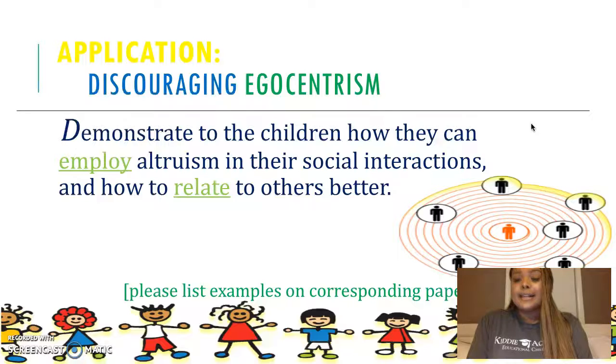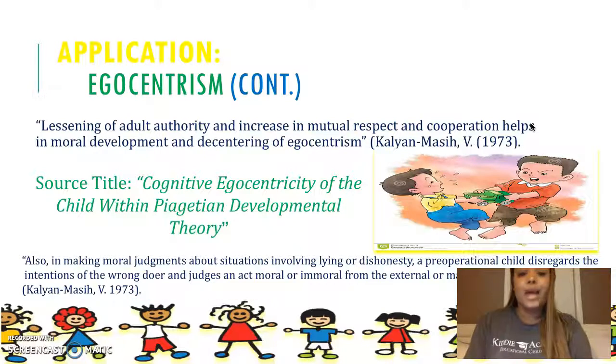So we're trying to get them out of that phase and get them into accepting and mutuality. And again, I would have my co-teachers list some corresponding examples on this topic that they think would be fitting for the class.